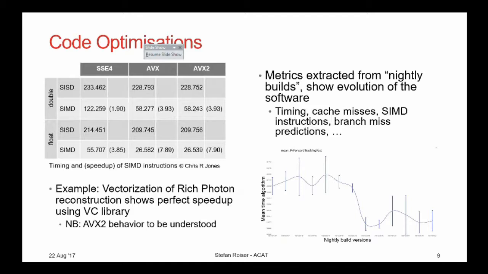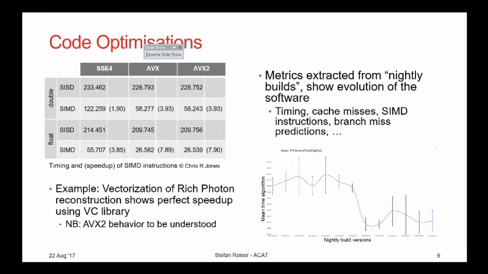This is a table I wanted to show you. This is from the RICH photon reconstruction. These are the speed-ups that they have achieved by vectorization of this reconstruction part with Vc, and basically they are seeing perfect speed-ups for SSE4 and AVX.